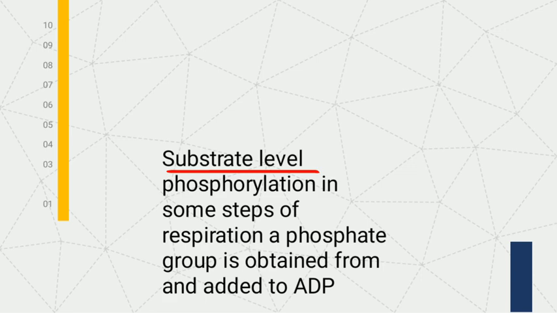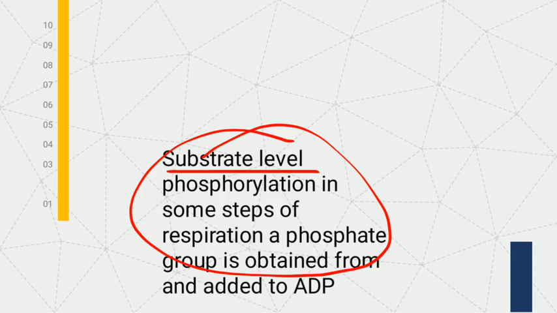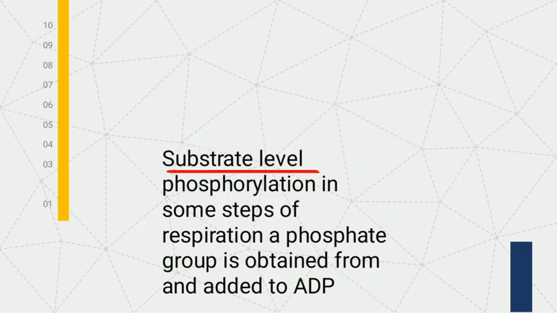To form ATP. We shall see that a phosphate group can be obtained from a substrate and added to ADP to form ATP, and that process is called substrate level what? Phosphorylation.